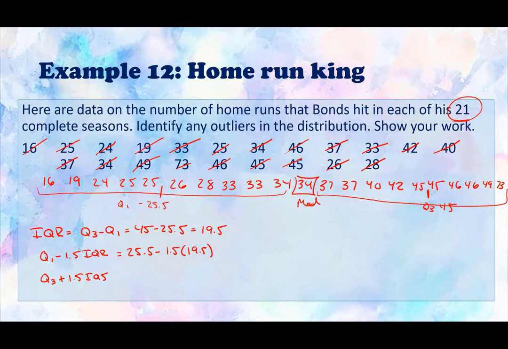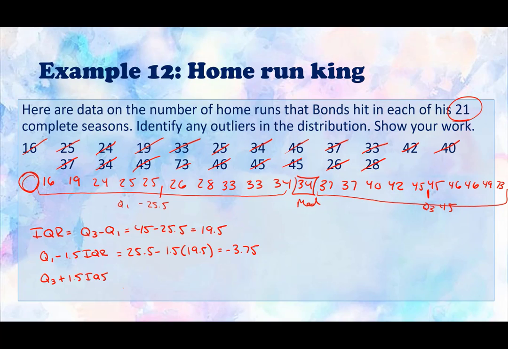When you put that in your calculator, you're going to get negative 3.75. So if anything is lower than negative 3.75, it is considered an outlier on the lower end. We can see that we don't actually have anything below negative 3.75, so there are no lower outliers here.